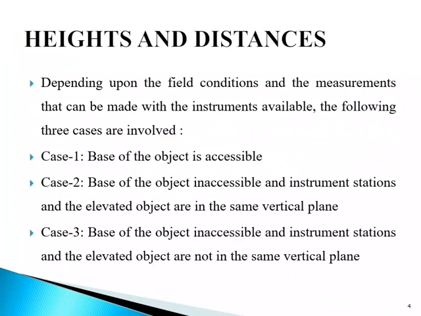And case 3, base of the object inaccessible and instrument stations and the elevated object are not in the same vertical plane. These three cases are very important. Hope you concentrate on it because it is very useful for the examples in this particular module. We will see each and every case one by one.